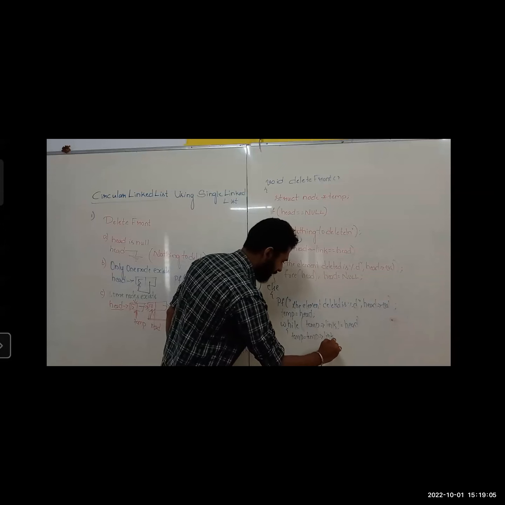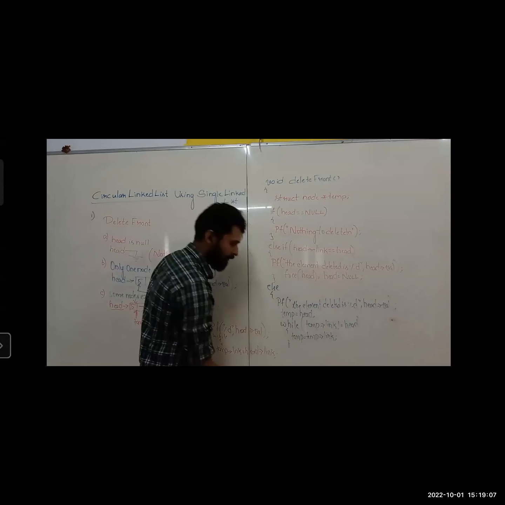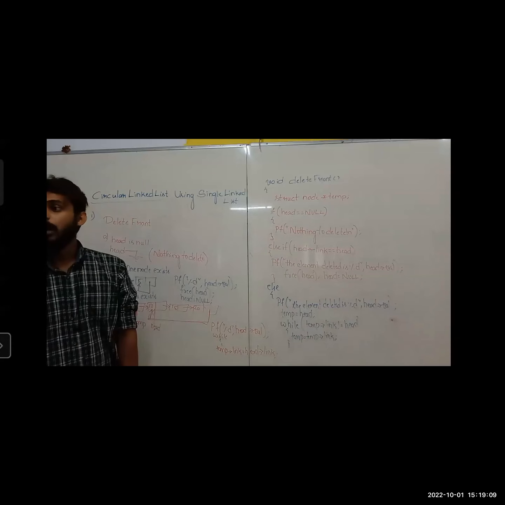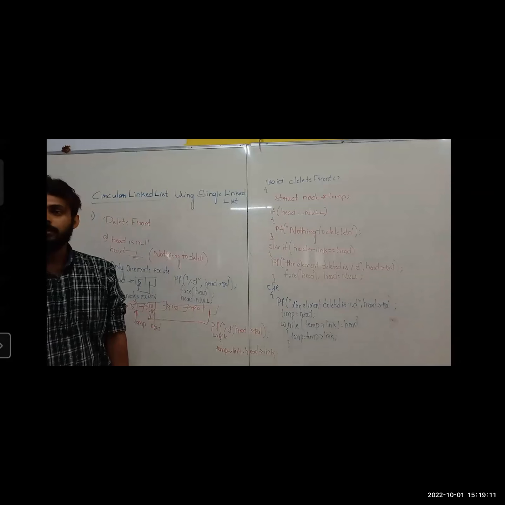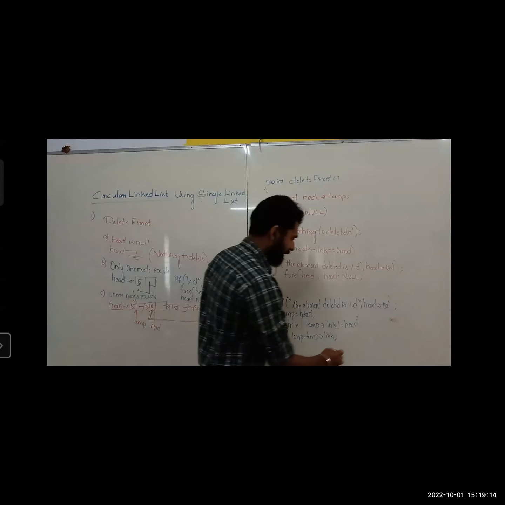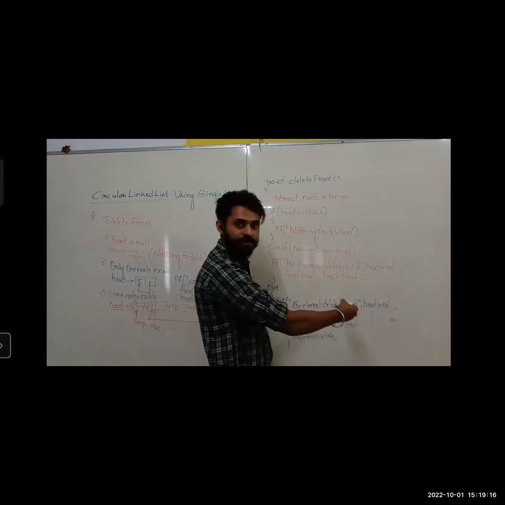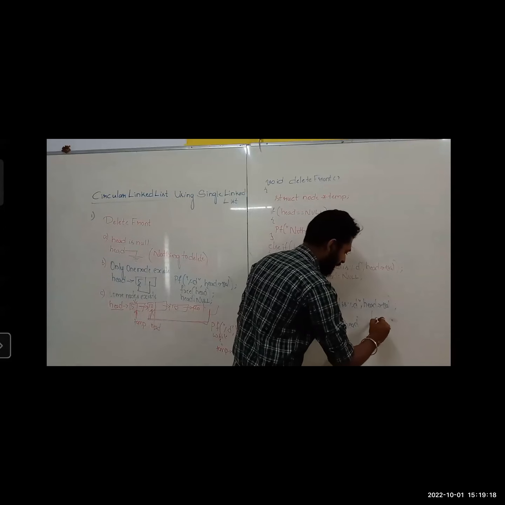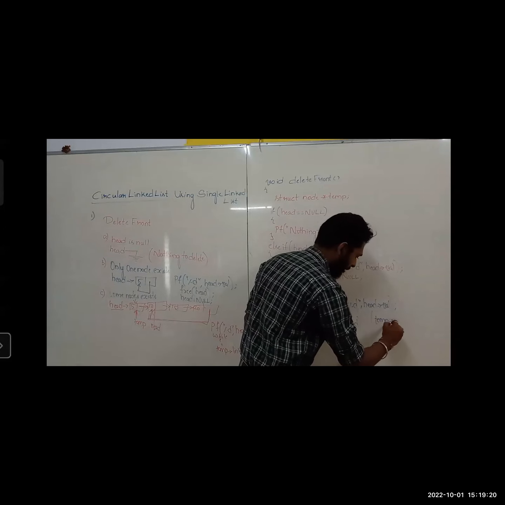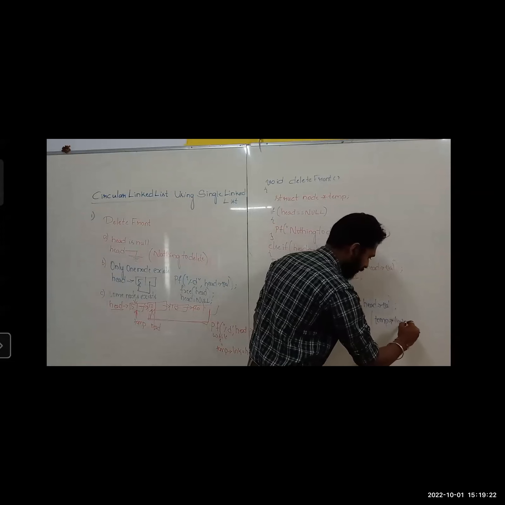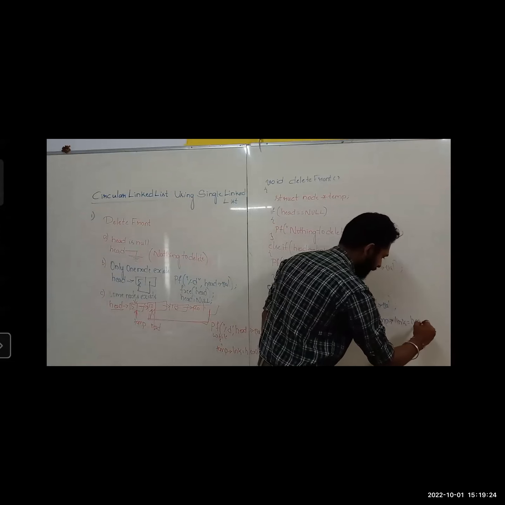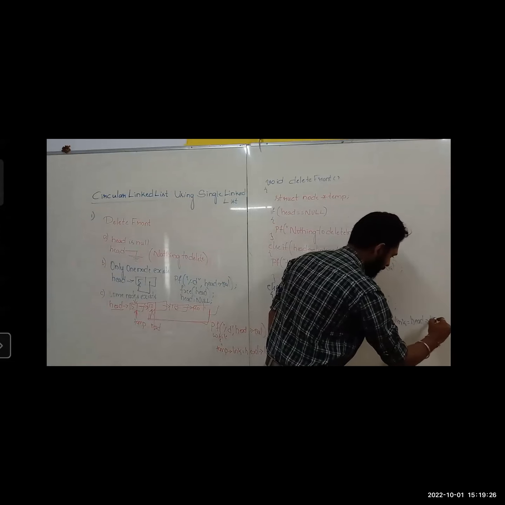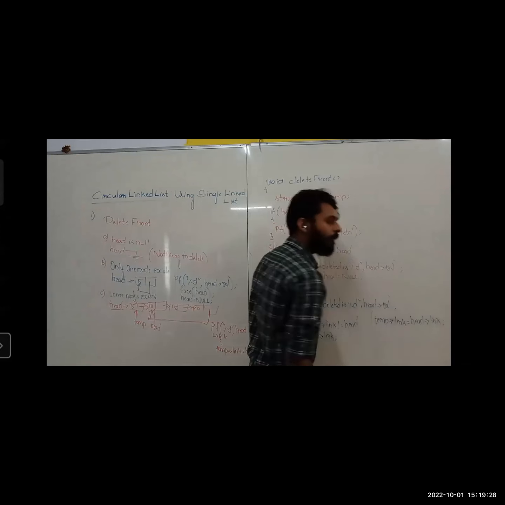Once this condition fails, that means temp is pointing to the last node. Then what should I say? Coming outside, I just have to say temp's link should be pointing to the same place where head's link is pointing.